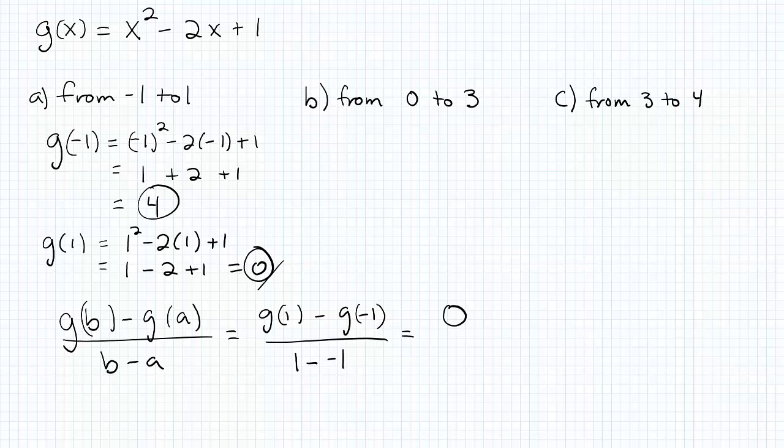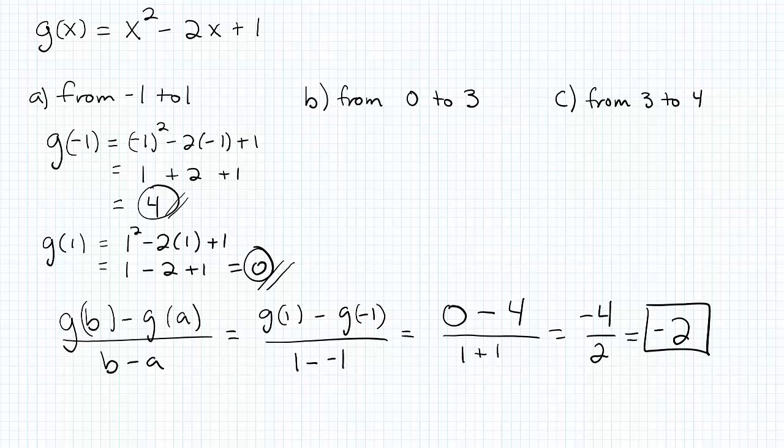That's what we found here. And then we said that minus g of -1, we said was 4. So we'll put a 4 here. And then we have 1 plus 1 in the denominator, right? So 1 plus 1. So our final answer is -4 over 2, or -2. And that's the average rate of change for g of x from -1 to 1.